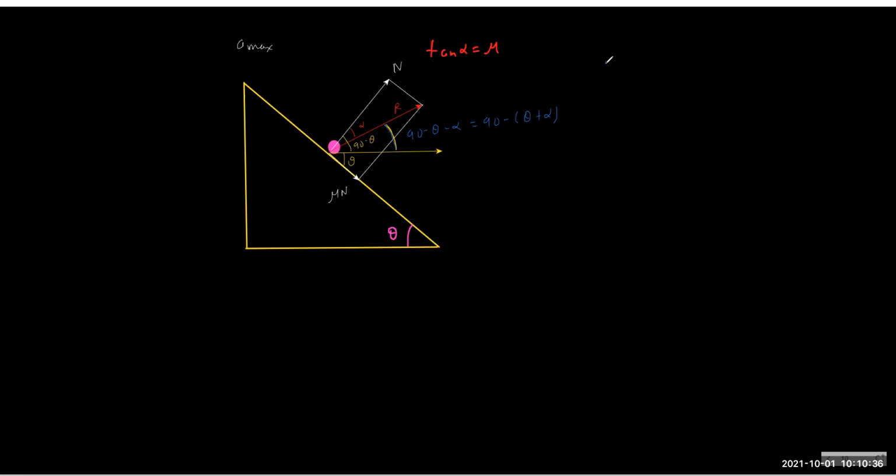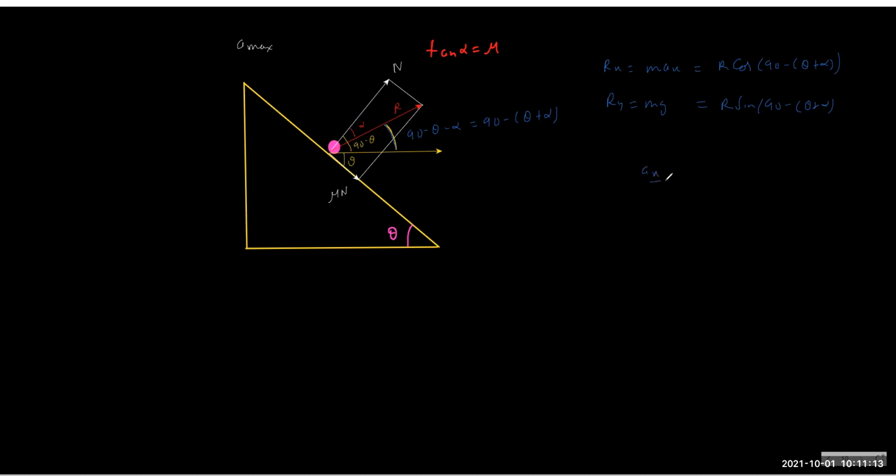Then the rest is simple. Rx will be MAX, Ry will be MAY. Sorry, what am I writing? Ry is MG, and Rx we can write as R cos(90 minus theta plus alpha), and this is R sin. And the rest, if you divide, MAX is MA only.